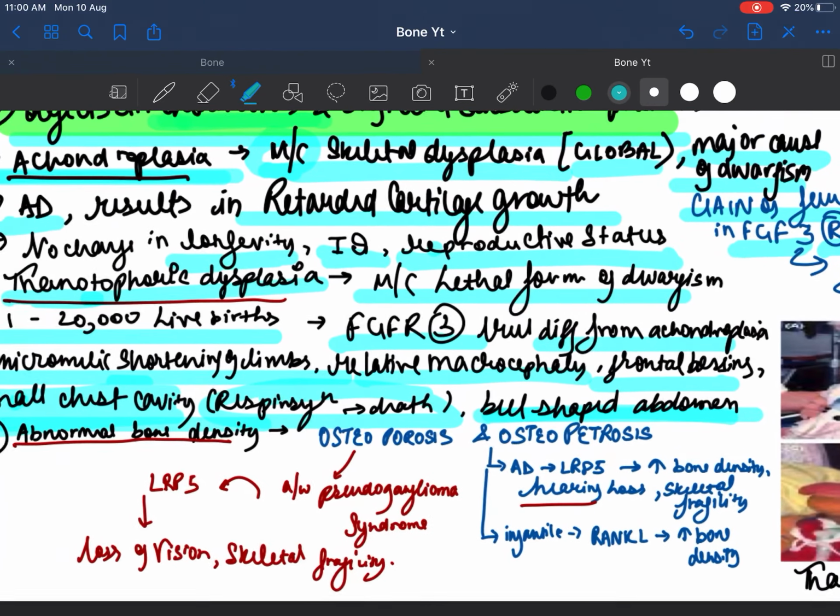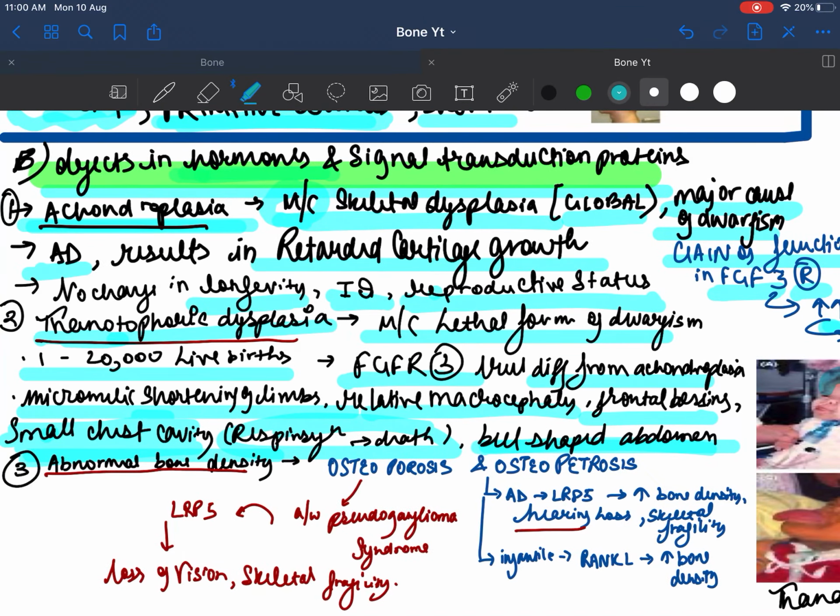So due to the hormones, there can also be abnormal bone densities present. And what are the two types of abnormal bone densities we can have? Either we can have less bone mass density, or we can have more bone mass density. So less bone mass density is actually known as osteoporosis.